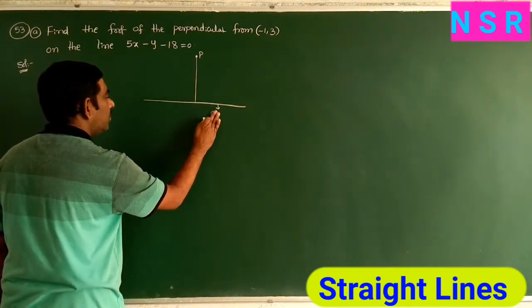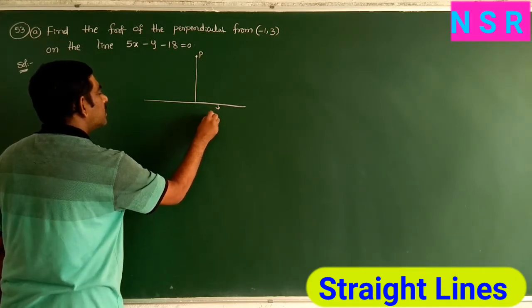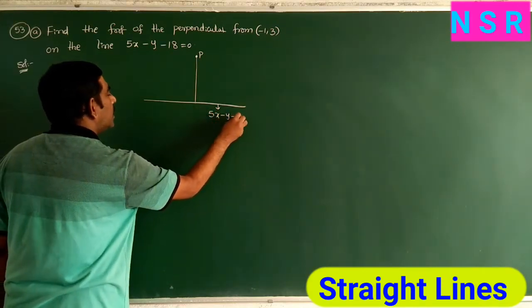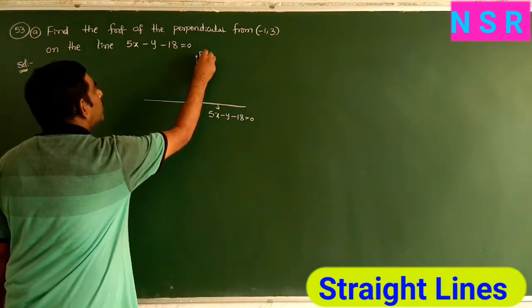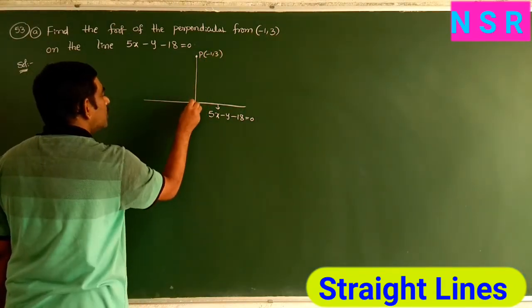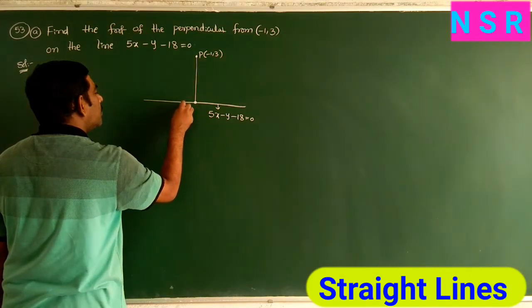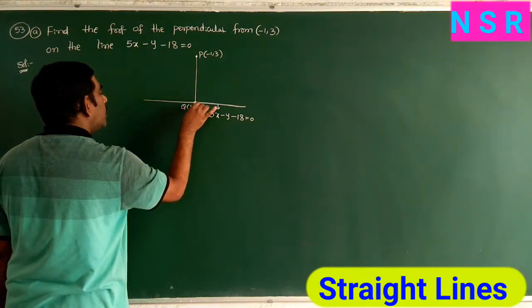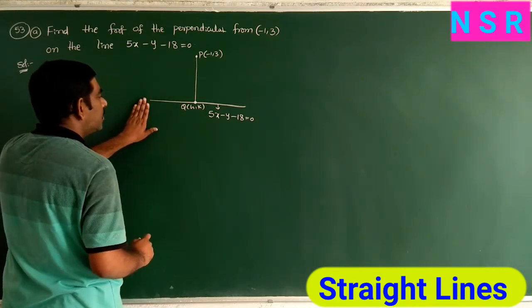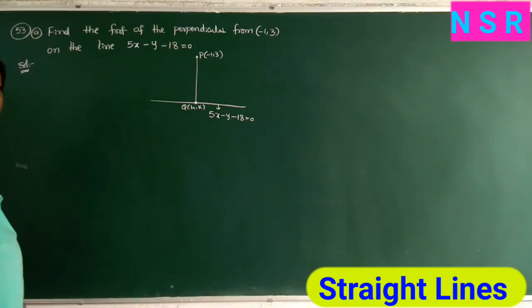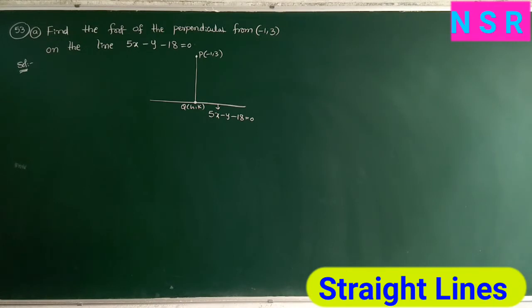So here given 5x minus y minus 18 equal to 0 and here given point minus 1 comma 3. So this is Q (h, k), called foot of perpendicular with respect to the line 5x minus y minus 18 equal to 0. So here given point and line, so find here foot of perpendicular h comma k.